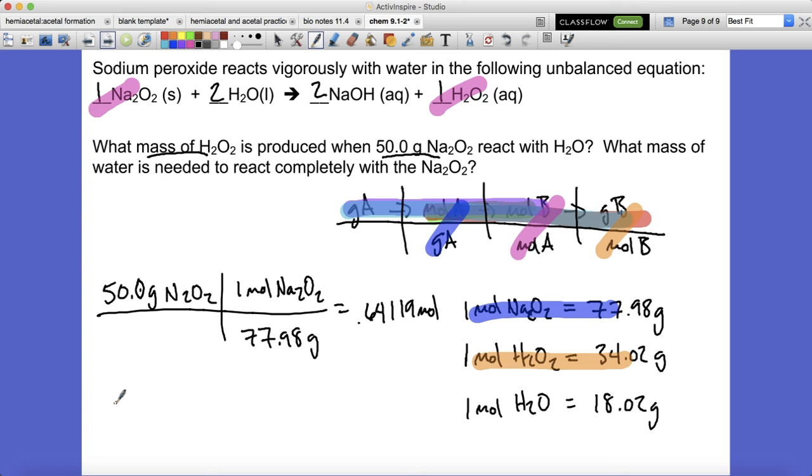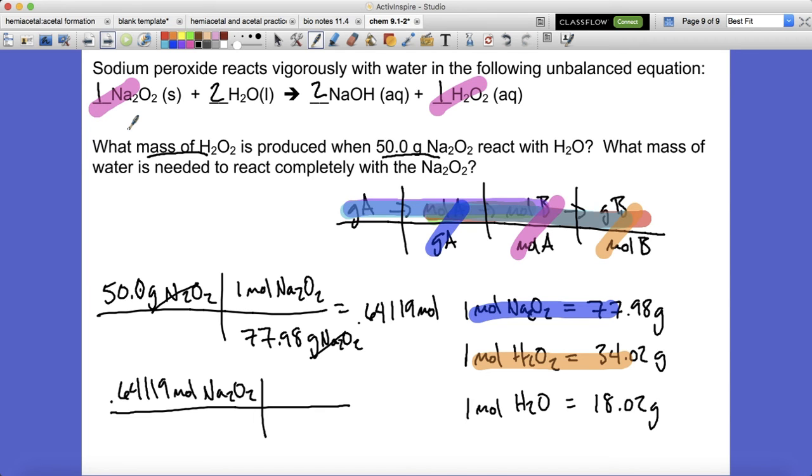And again, I kind of did this for a reason. 0.64119 moles. Right now, my label is sodium peroxide because, again, I had some labels canceling here, but it's still A, right? My next step in this case is a ratio of B to A, and according to up here, my ratio is a 1-to-1, right?